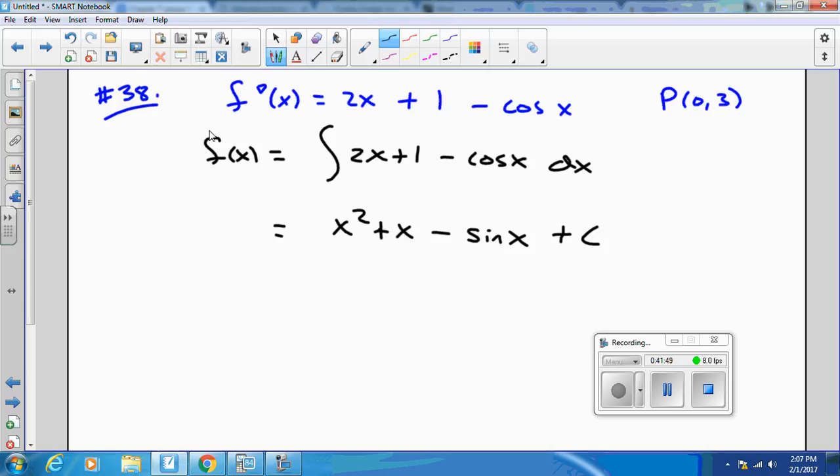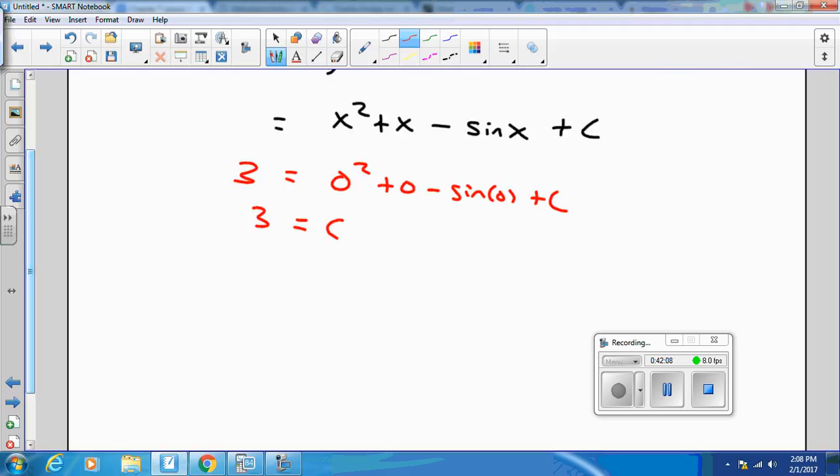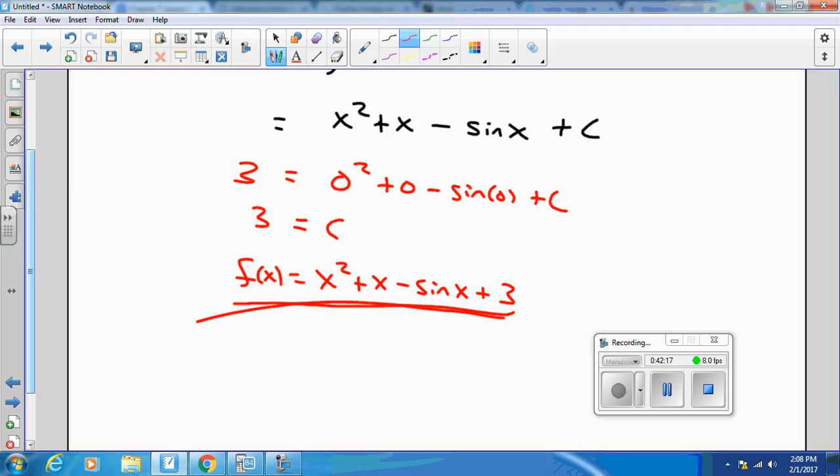Okay, now find the value of c for me. f of 0 equals 3. Put in 0. So that c is equal to 3. Yeah. So that c is equal to 3. And we put it all together. And that's it.